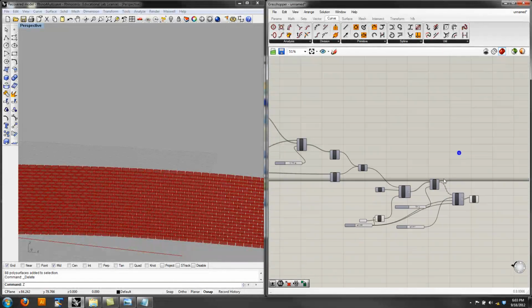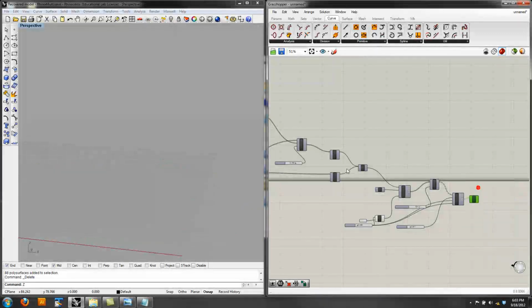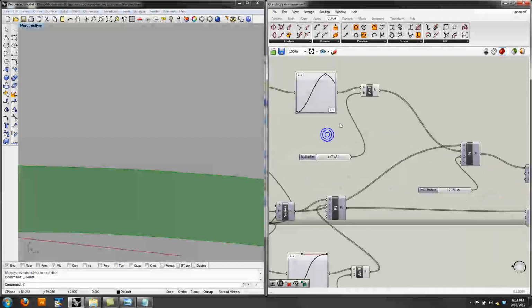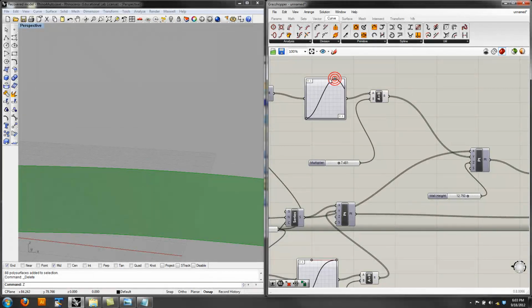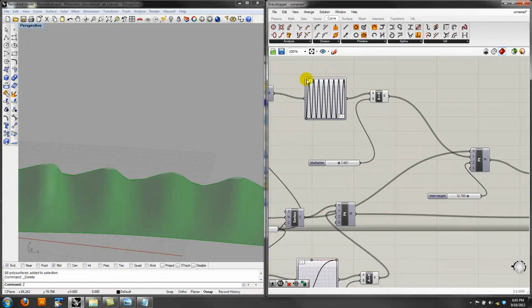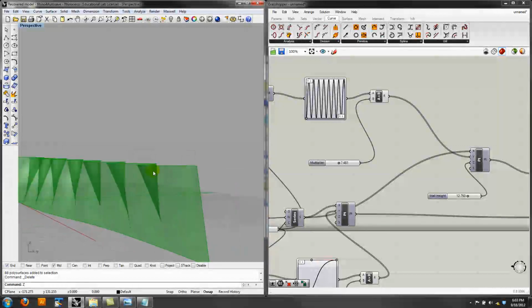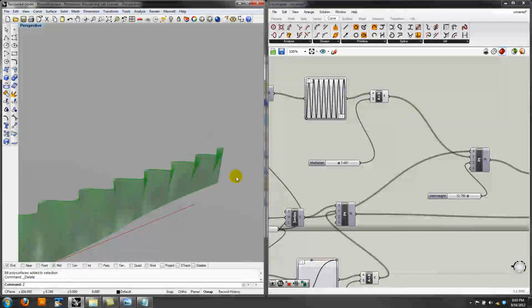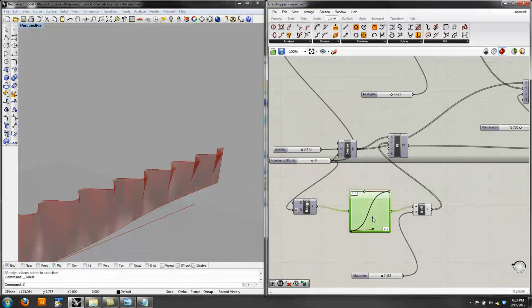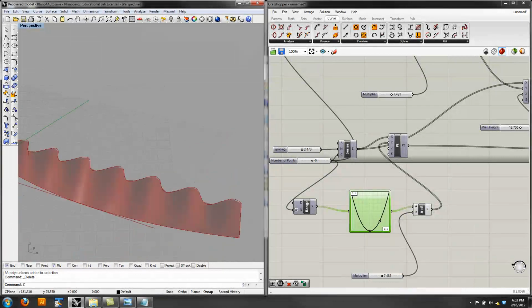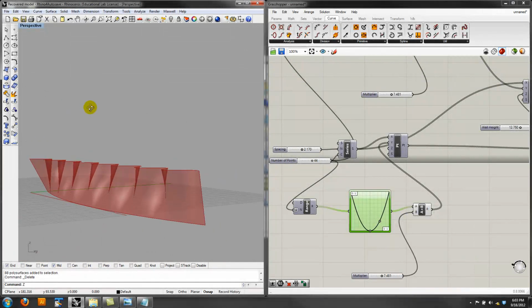Actually, I'm going to go through and hide this quick. This is the performance of my computer starting to take a hit here. So I'm going to go back and just play with the loft level to visualize it. So I could go from a sine curve to a parabola that morphs.